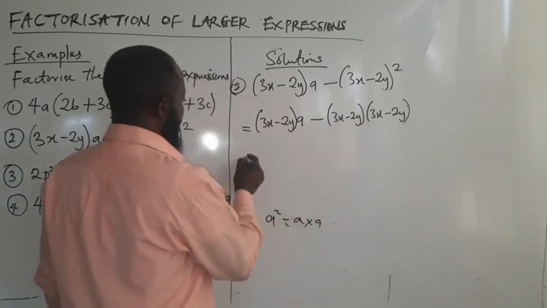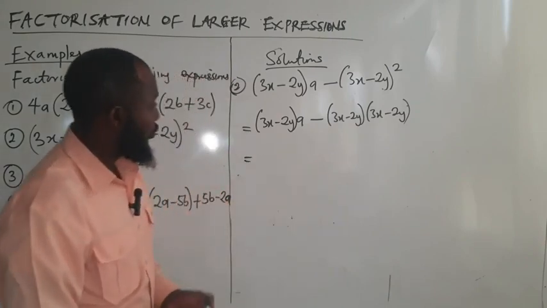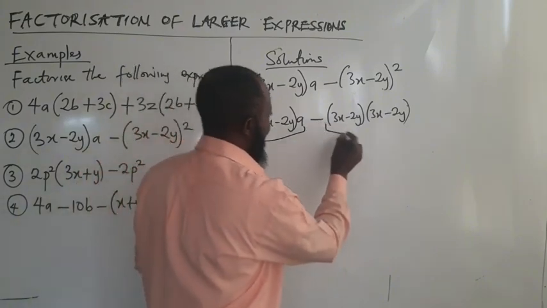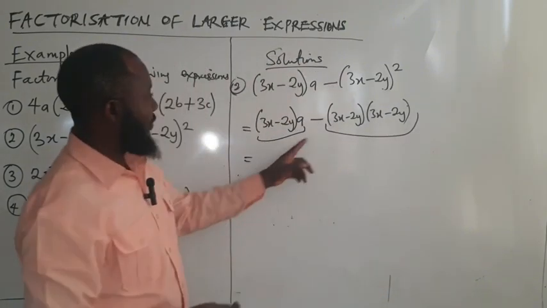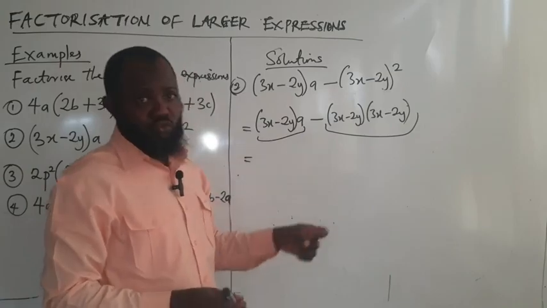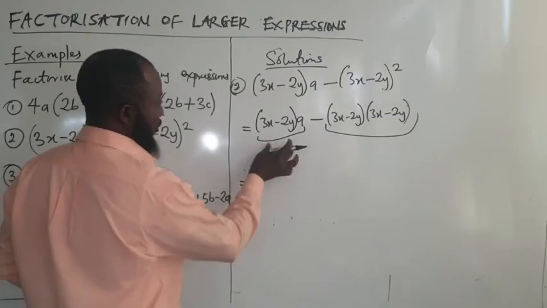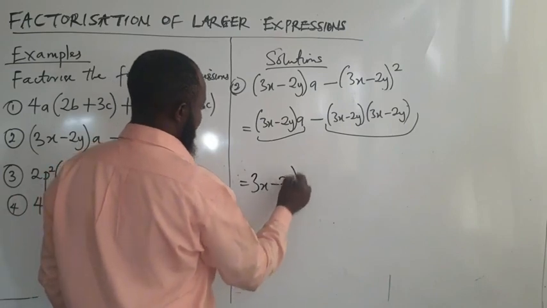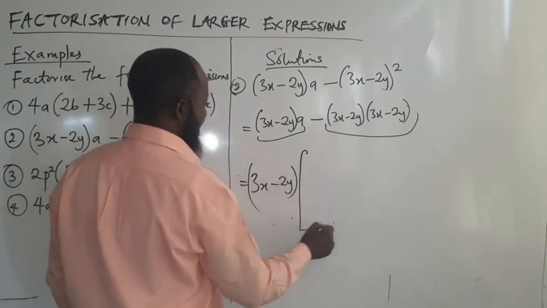In that case, we then look for what is now common. This is a term, and this is another term. So what is common to both of them is 3x minus 2y. So we then open another big bracket.